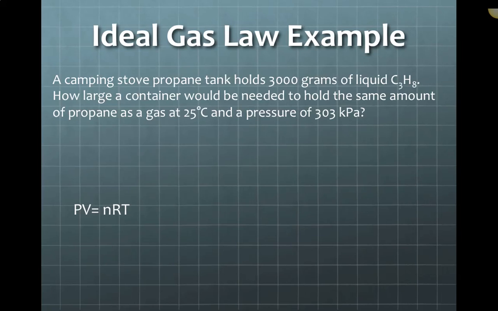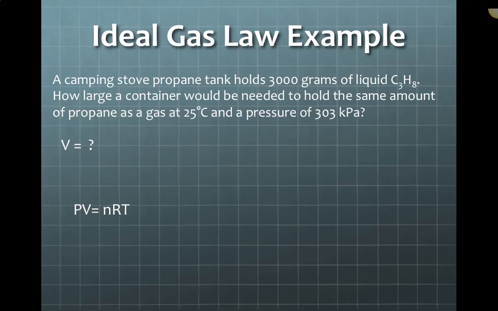Now, we are changing our states from a liquid to a gas, but we're not changing temperature, we're not changing pressure, we're not changing the moles, and we're looking for what that new volume is because we want to know how large that container will need to be to hold that same amount as a gas.